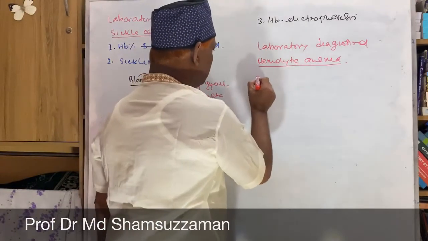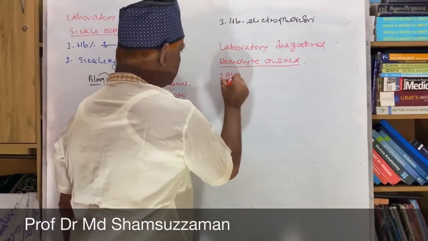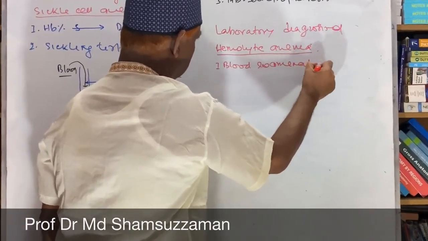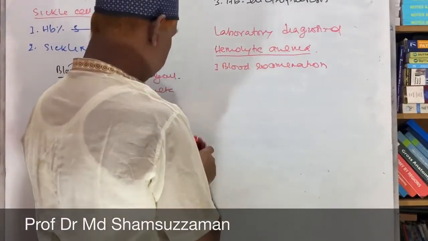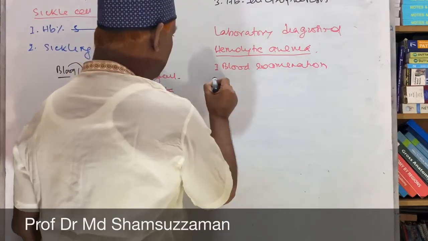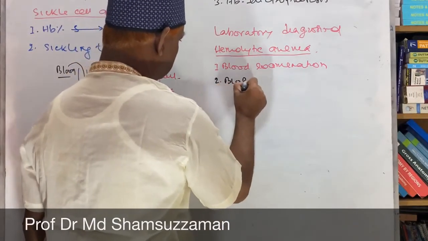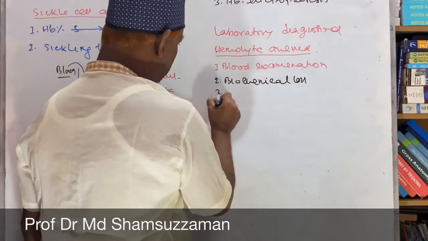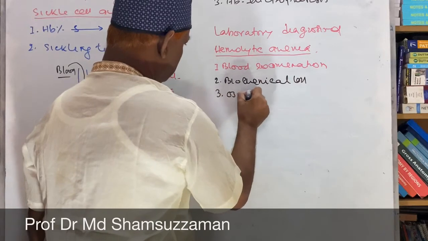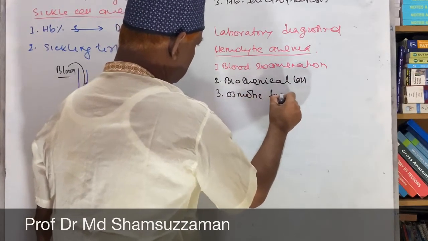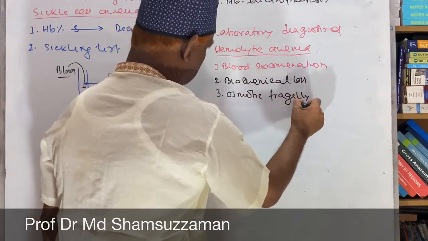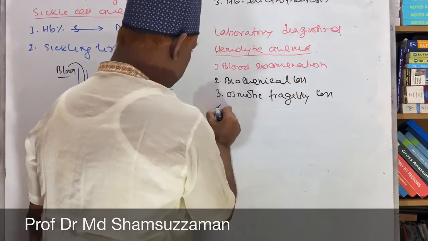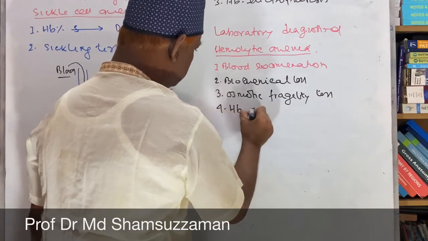Number one, we have to do blood examination. Then biochemical test. Then osmotic fragility test and hemoglobin electrophoresis.